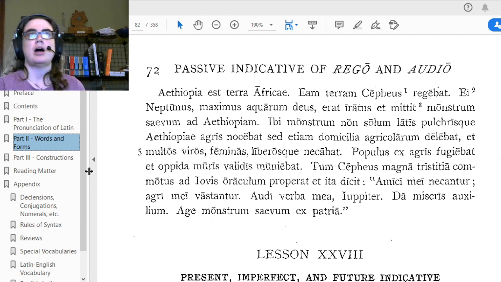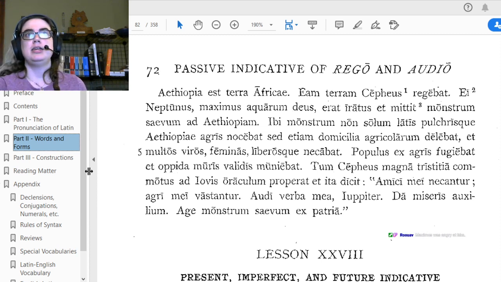Neptune, the greatest god of waters, Maximus Deus Aquarum, was angry at him. Irato, that's kind of a confusing phrase. He was angry at him. And he sends, so again, we're moving to that historical present again. He sends a savage monster to Ethiopia.